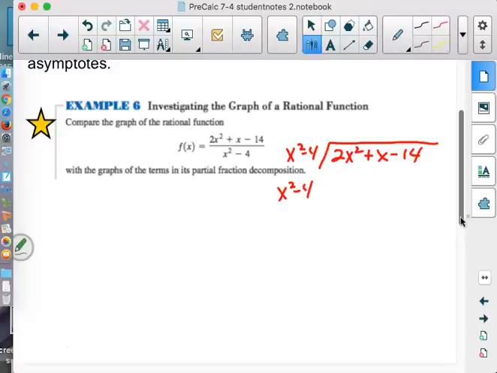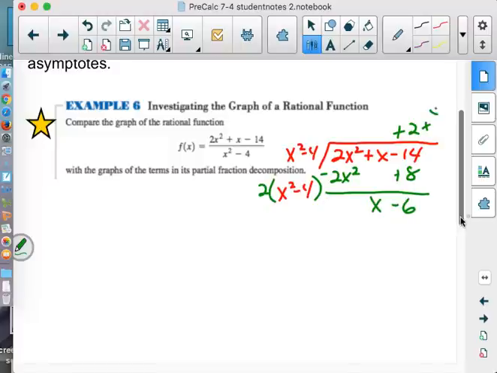Multiply by 2. Now the 2s are matched up, so I'm going to put my little 2 right up there. And then I'm going to change the signs and add 0, x, minus 6. So it'll be 2 plus, because we can't keep going, we can't multiply x squared by something and get x, plus a remainder of x minus 6 over x squared minus 4.